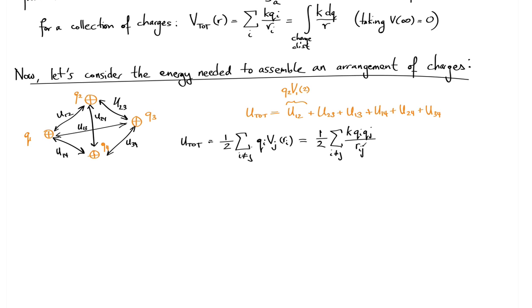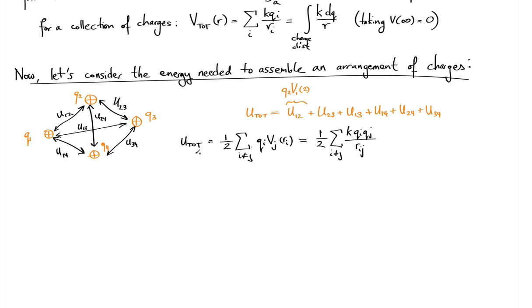Okay, so let me just briefly explain that. In essence, what we did when we did this configuration here is we noticed that the total energy needed to assemble this collection of charges is basically going to be the sum of the interaction potential between each set of pairs, okay?